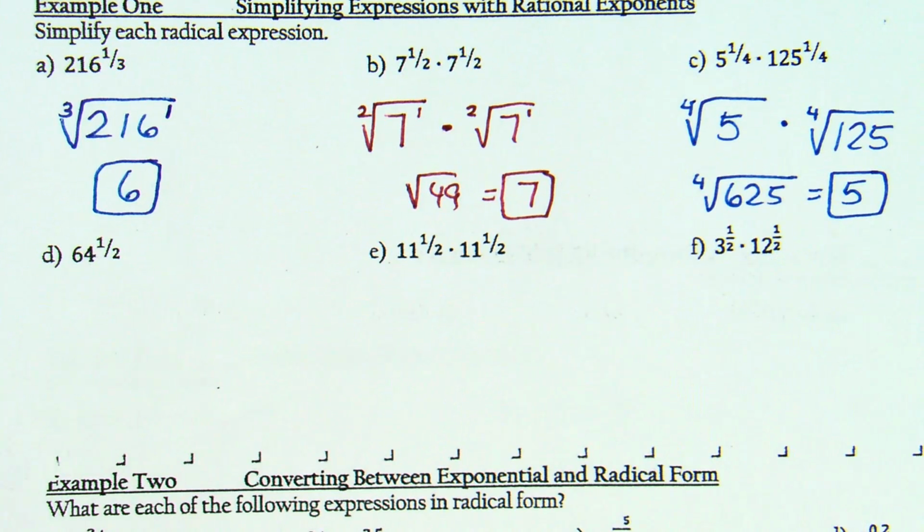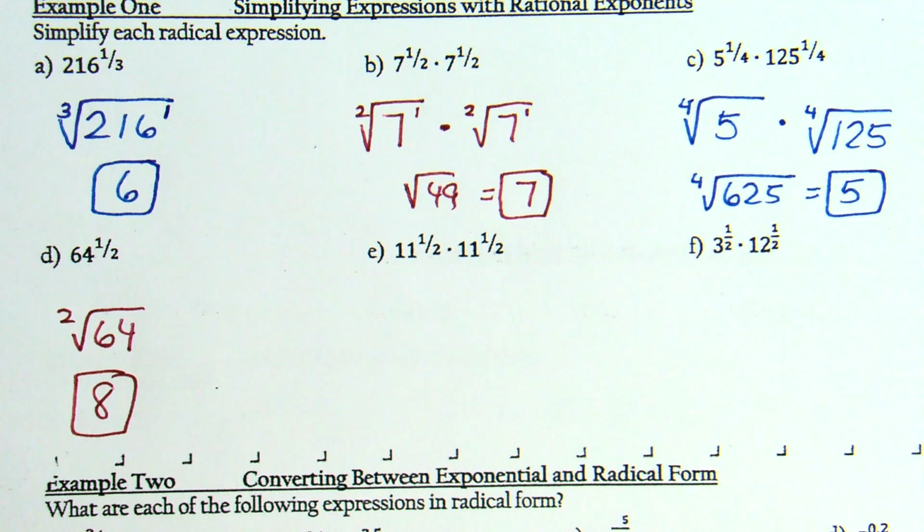And if you're processing through it, 64 to the 1/2, what's that 2 tell me? 2 is in the denominator, so this is the square root of 64. And the square root of 64 is 8.